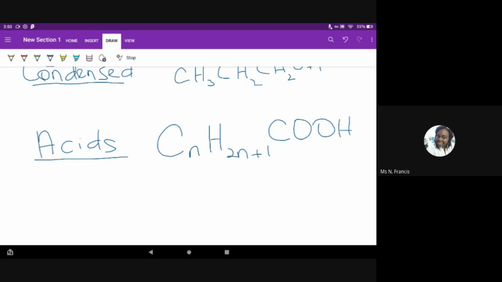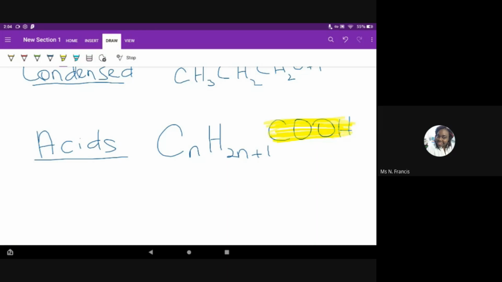Now, acids are a little tricky. So the functional group for an acid is this here. I'm trying to color it so you see it better. COOH, that's our functional group.